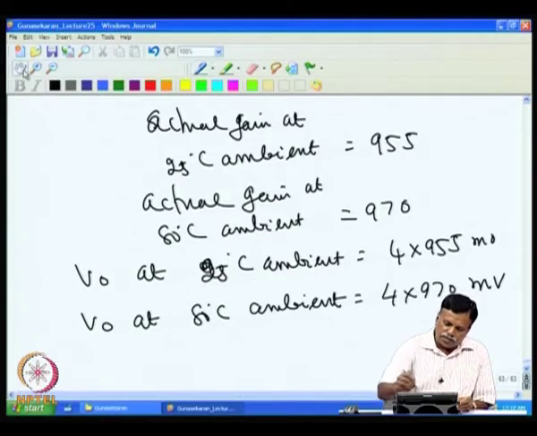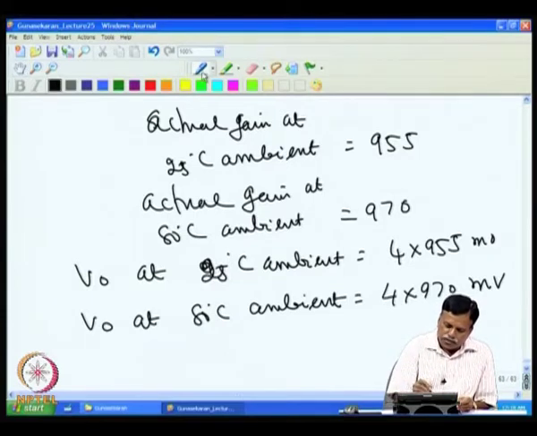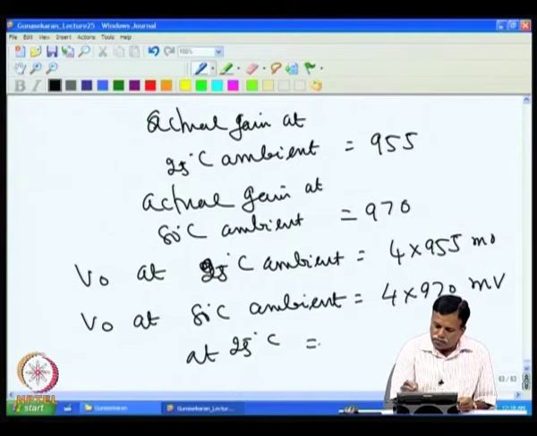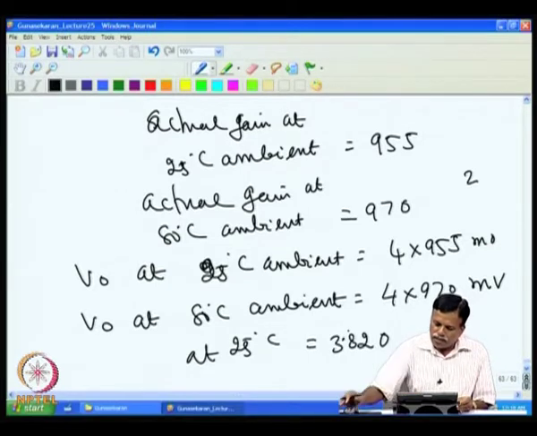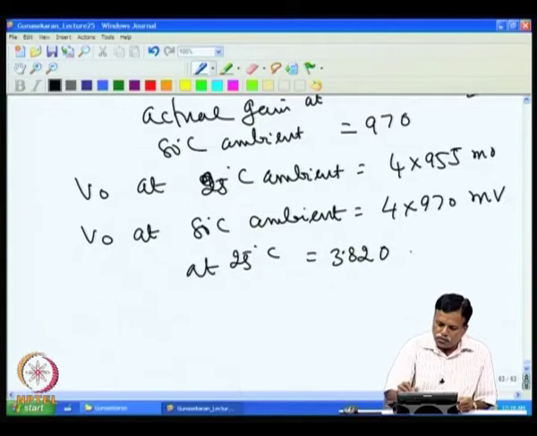That is what it means. That is the voltage that you get: if you calculate this at 25 degree C, it comes out to be 3.82 volts.